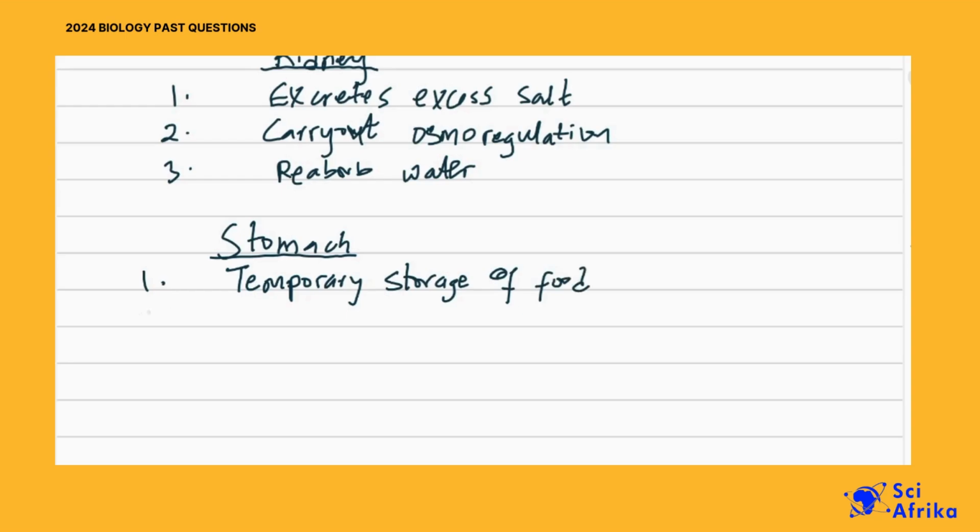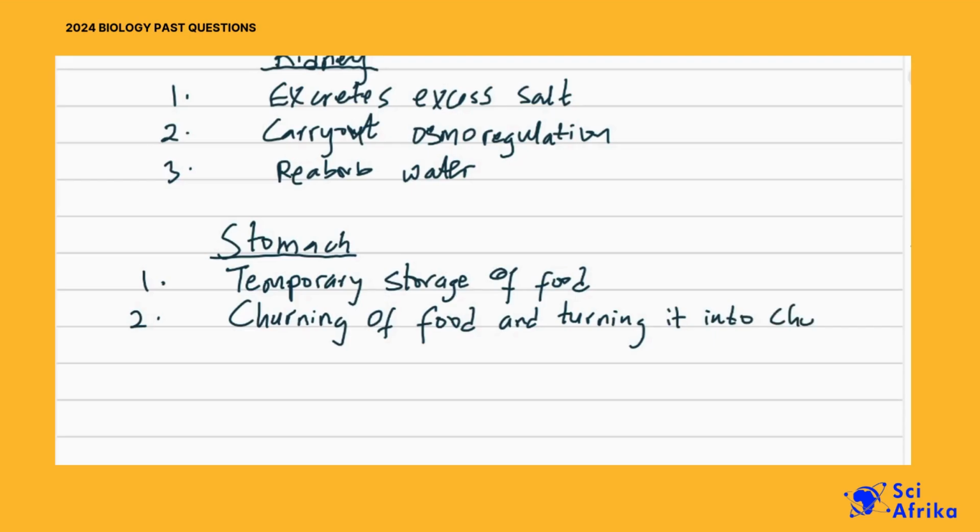We could also write that the stomach helps to churn the food, a churning or grinding movement of the food, and turning it into chyme. It helps to turn the food into chyme through that churning movement.